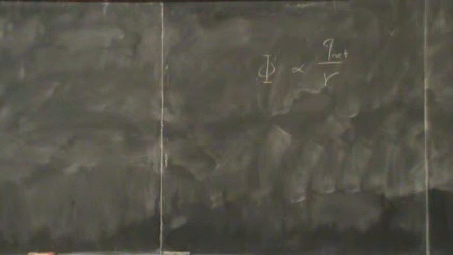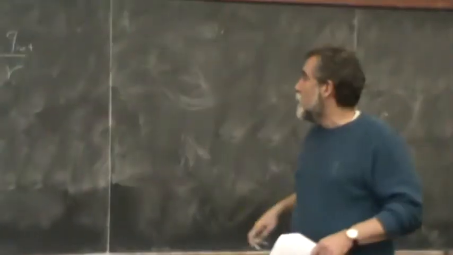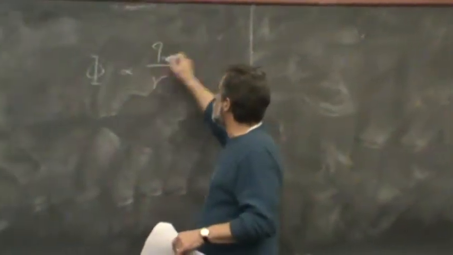But wait, there's more. If I'm out here inspecting that over there, I can learn more. If the charge distribution is a dipole distribution, so net charge is 0, then this term is going to go to 0.